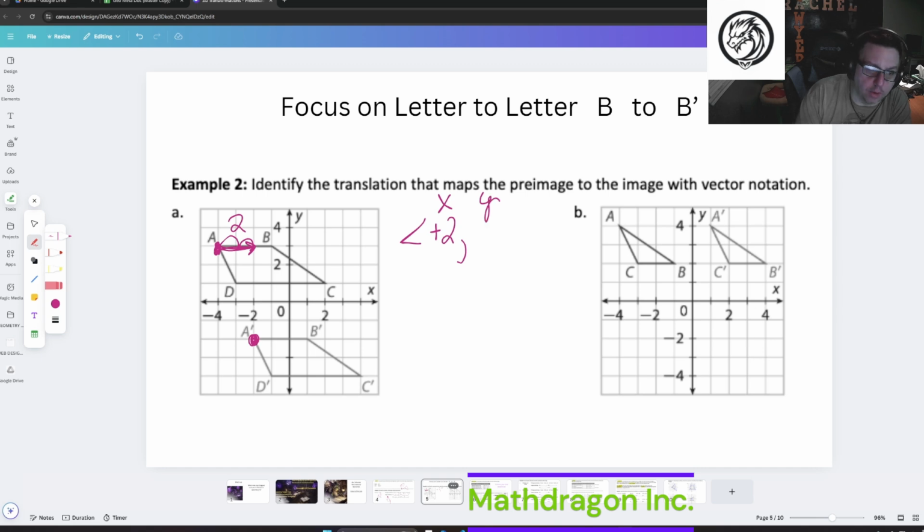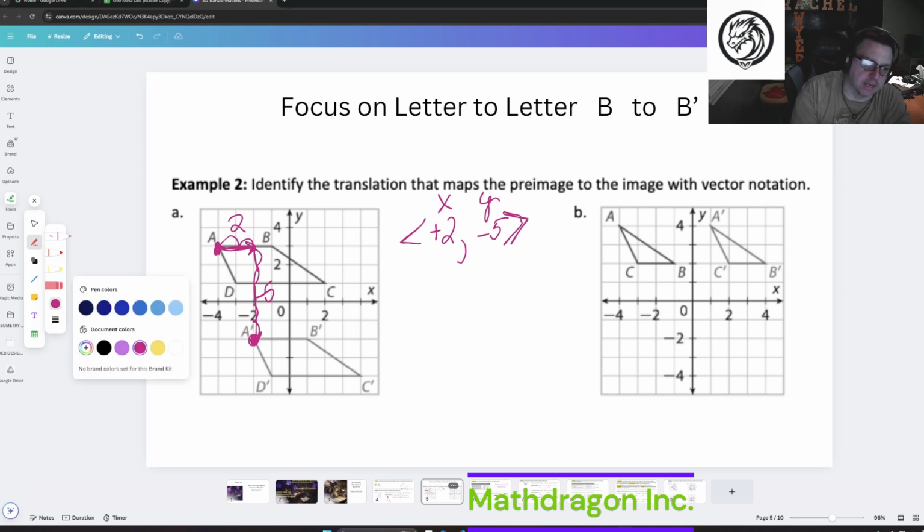Then in the y direction, we go down 1, 2, 3, 4, 5, so -5. That becomes our vector. So you're taking this picture and translating it 2 to the right and down 5. And that's the practice we want you to get good at.